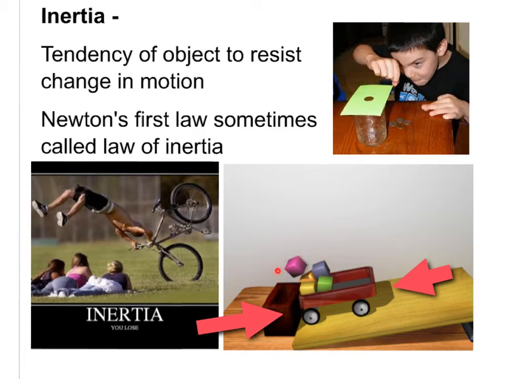It continues to move in the direction that it was moving initially, this way. And it falls out, kind of keeps going over the top. We can see clearly that inertia is going to affect those girls on the lawn. Kind of a funny picture. And here's an example of how, if you pull that paper out fast enough, this object is at rest. That coin on the top should stay at rest as long as it doesn't really feel the effects of the motion of that object being pulled out from under it.